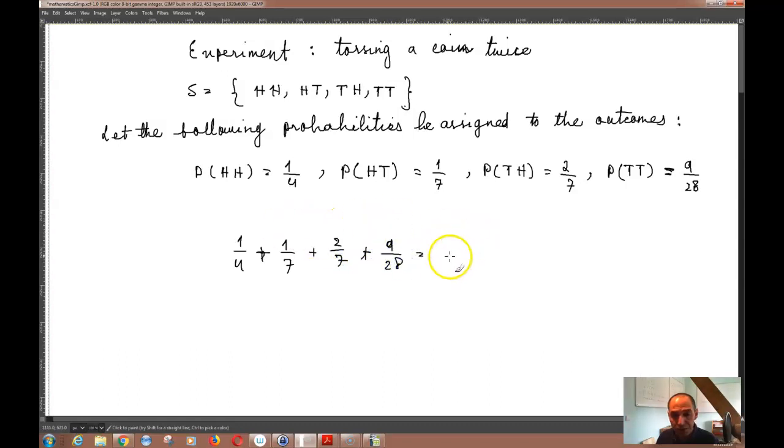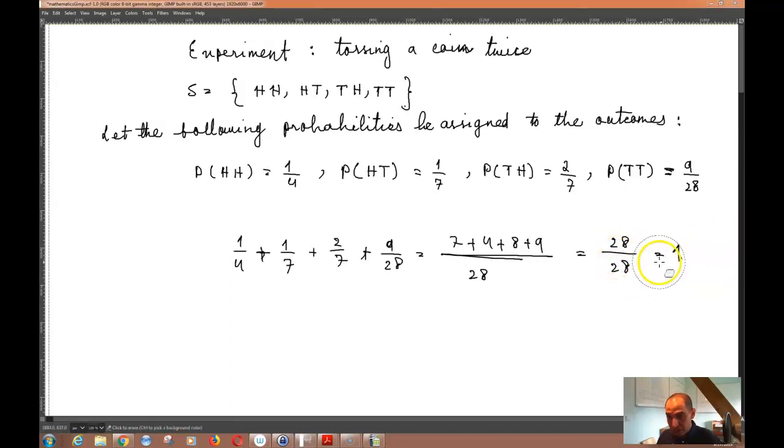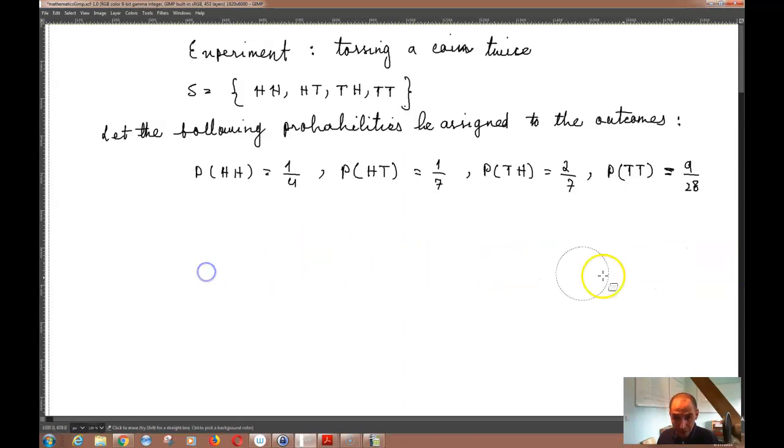If I take the LCM as 28, I get 7 plus 4 plus 8 plus 9, which is equal to 11 plus 17, which is equal to 28/28, which is equal to 1. So there is no problem with the values of probabilities that we have assigned to these outcomes.